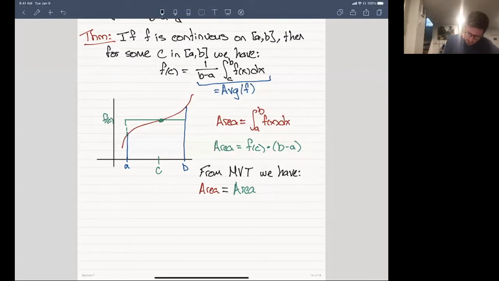The proof is quite elegant, in my opinion, because it uses the properties of the definite integral, and in particular property number 6 that we introduced in the previous lecture.